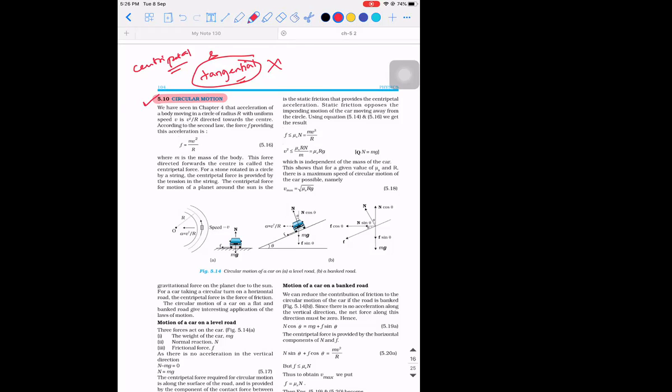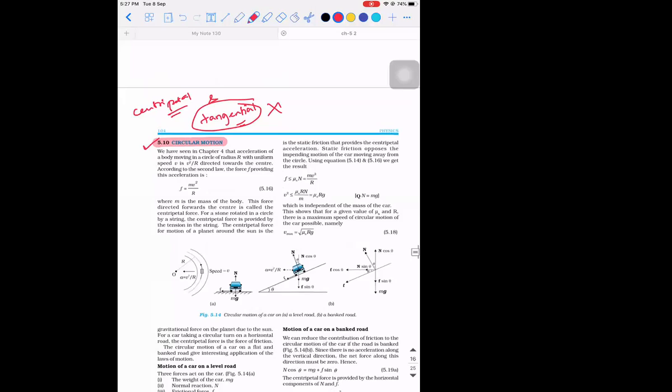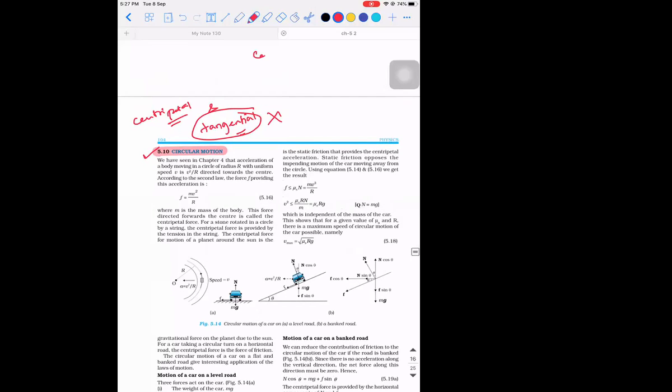So write the point: for any object to be in circular motion, centripetal acceleration is necessary. Then you can write centripetal, tangential.